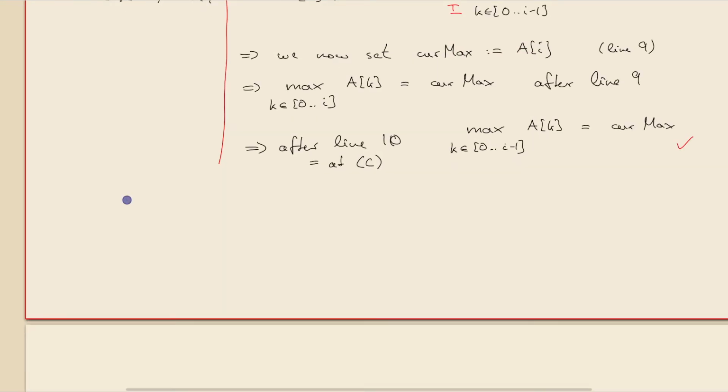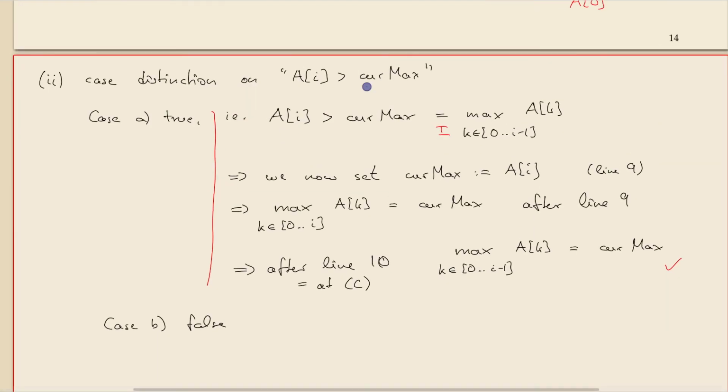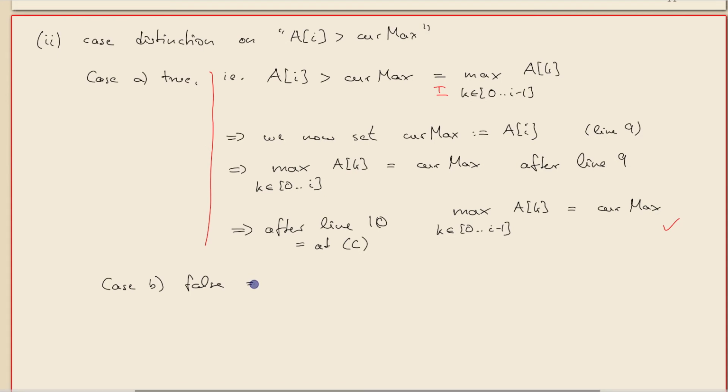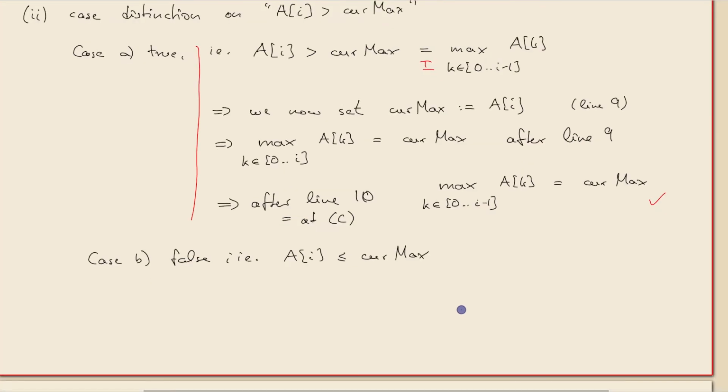We have to do our case 2 though, which was that the if statement is false, right? This one. In other words, A of I is not bigger than the current maximum. In that case, we don't execute the if statement, right?